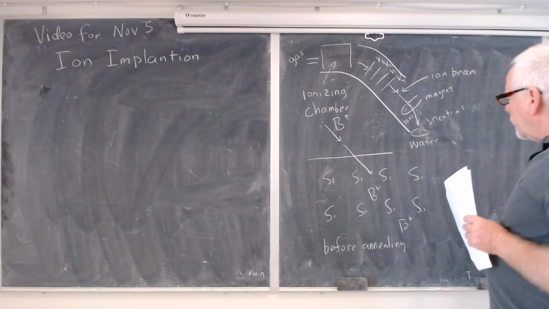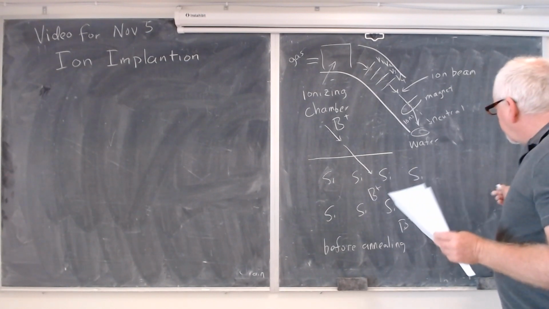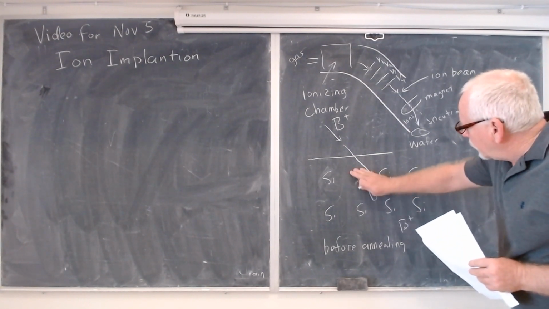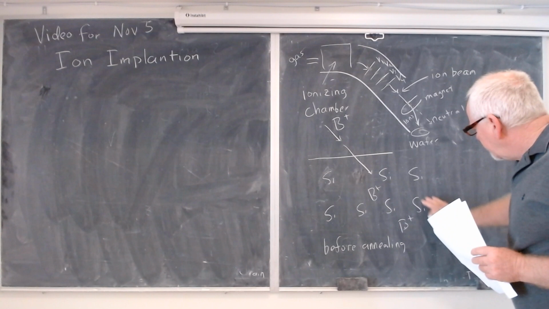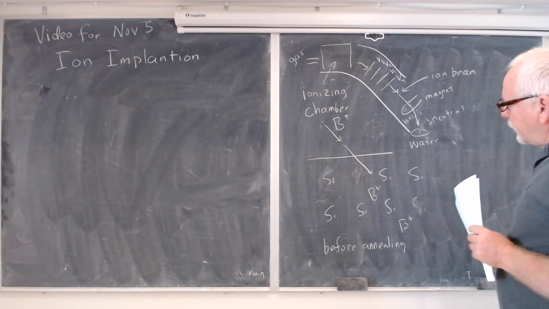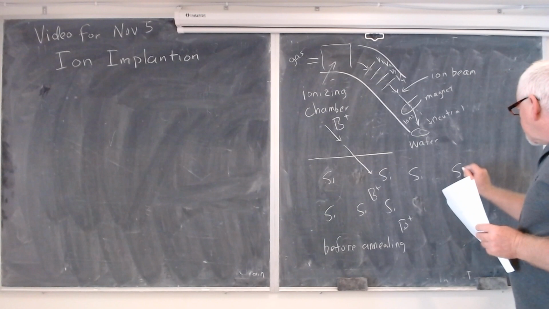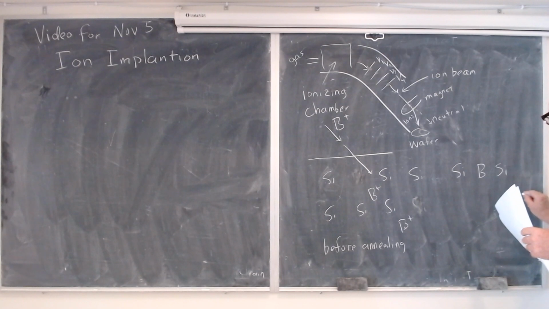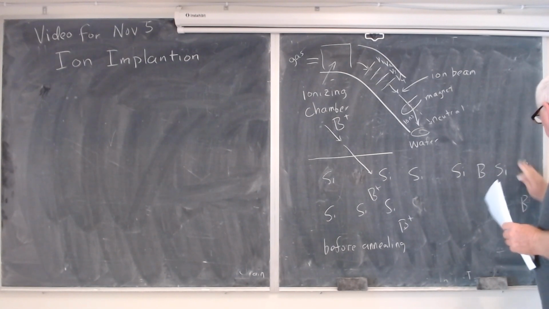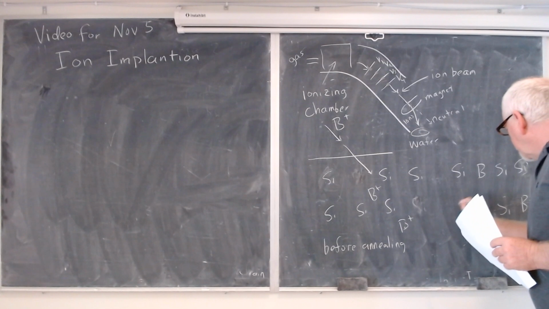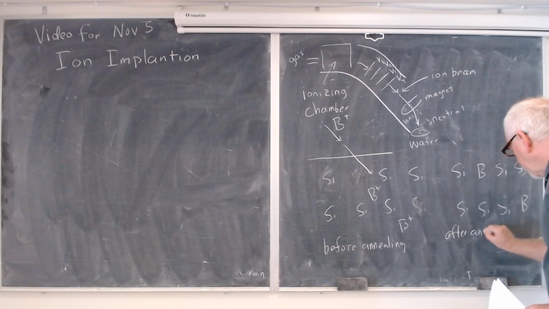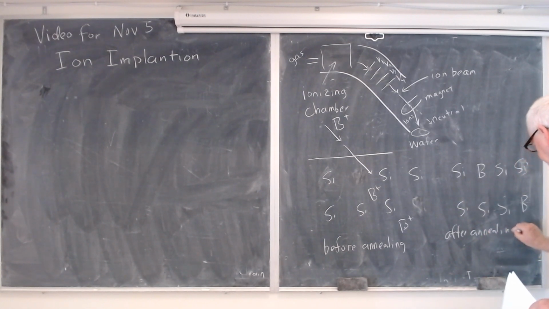After annealing, if you do the annealing properly, you may have damaged the wafer with the implantation. So after annealing, you get silicon and boron.